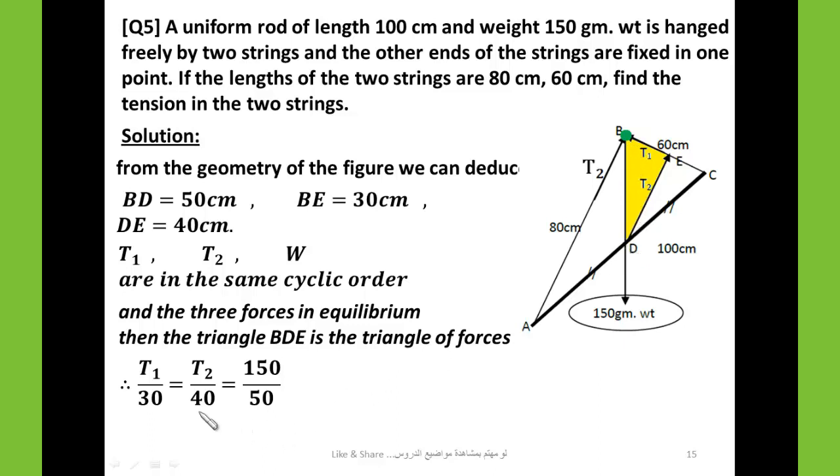Now it is easy to calculate T1 and T2 using cross multiplication. T1 equals 150 multiplied by 30 divided by 50 equals 90 gram weight, and T2 equals 150 multiplied by 40 over 50, which equals 120 gram weight.